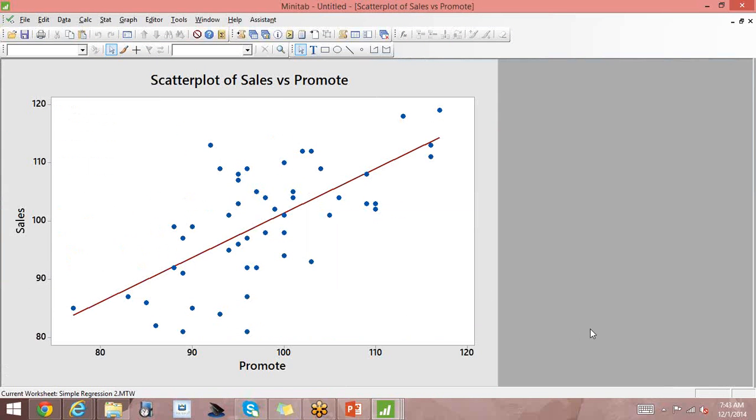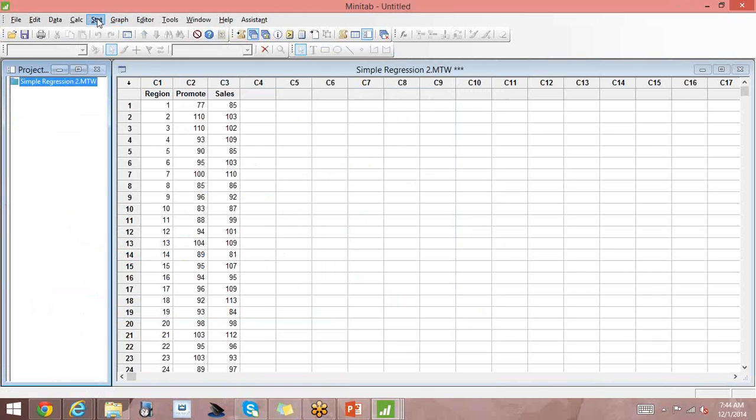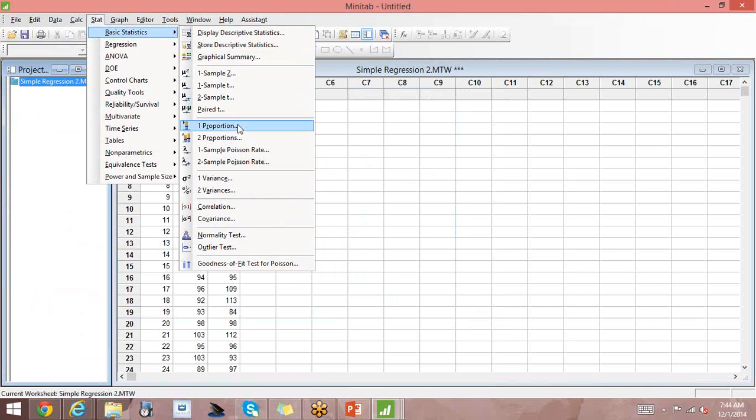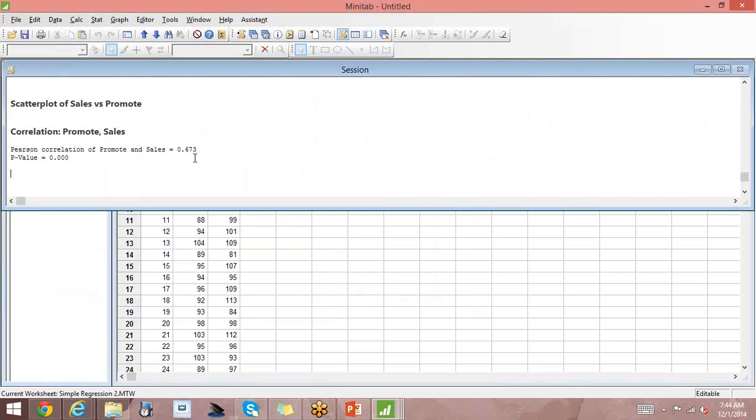Now Anuj, the line has given you some indication, right? Positive, absolutely. There is a positive correlation, fine. But what is the strength of this positive correlation? We don't know. Let us check that also. Go to Stat, Basic Statistics and Correlation. Promotion and sales, between these two, what is the strength of the correlation?